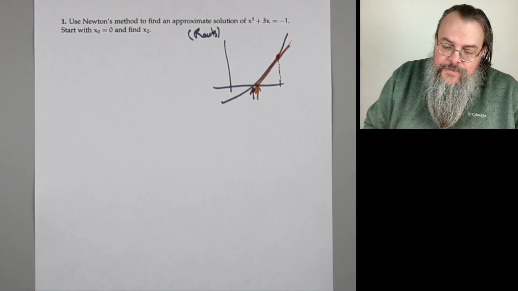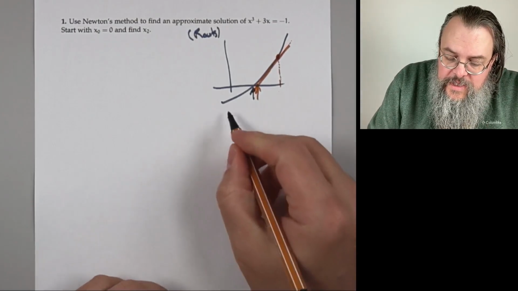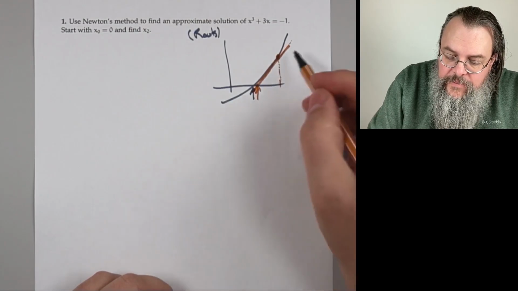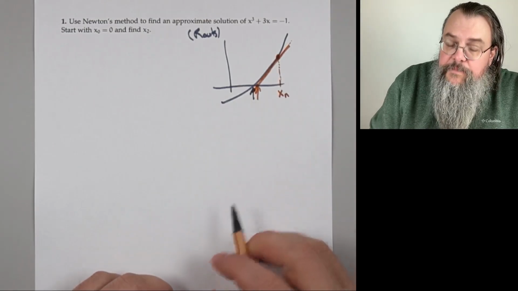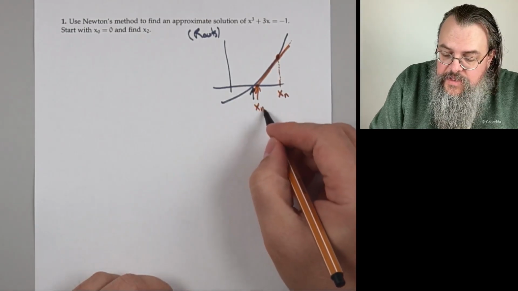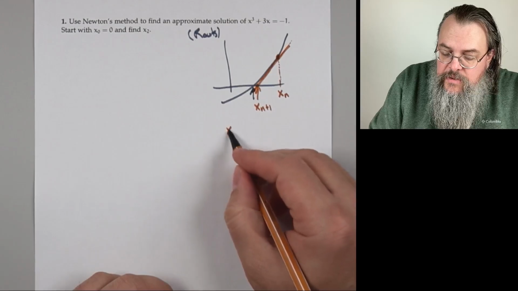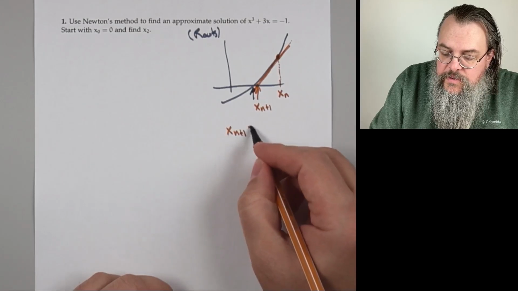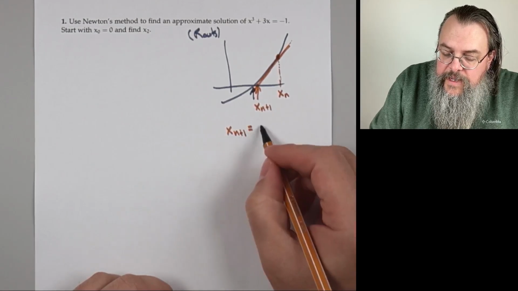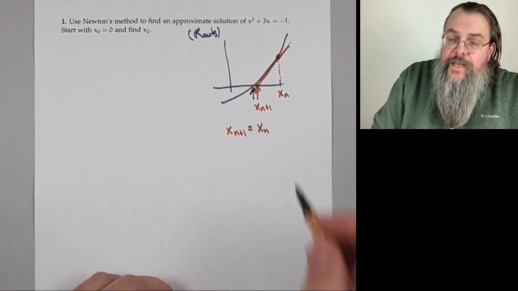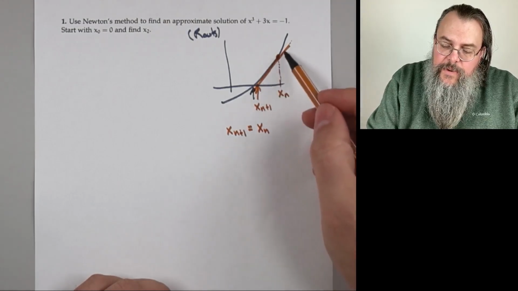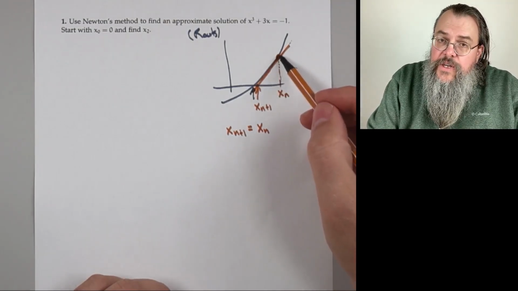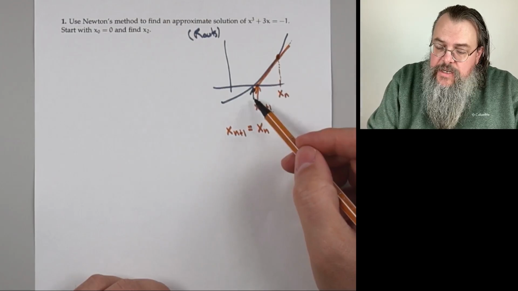So here's the rule. Say this is our current guess, which we call x sub n, and here's our next guess, which is x sub n plus 1. You follow the procedure that says our next guess is our current guess, and then there's a correction term. That is based upon the value of the function and how steep the tangent line is.